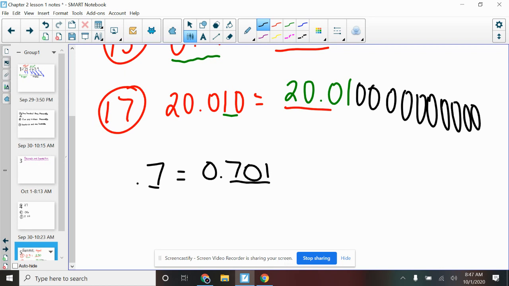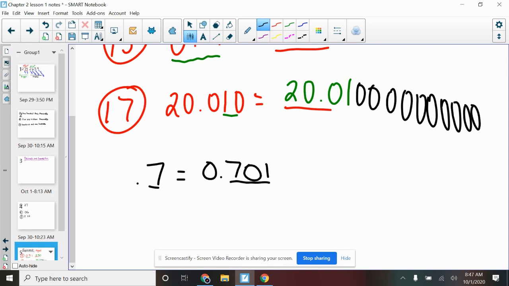Yeah, but if you look at the directions, they say to write each number as a number of thousandths. Right, so once you have come up with what this would be as a thousandth, then you write that in word form. That's what it was asking you to do. So for number 11, what would number 11 look like if I wrote it in the thousandths? What would it look like?